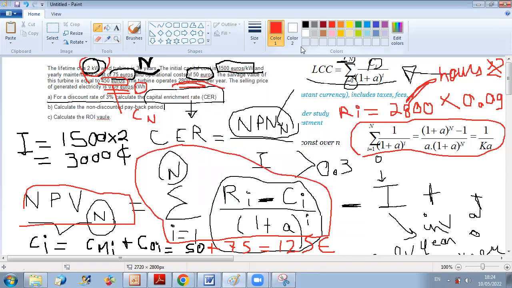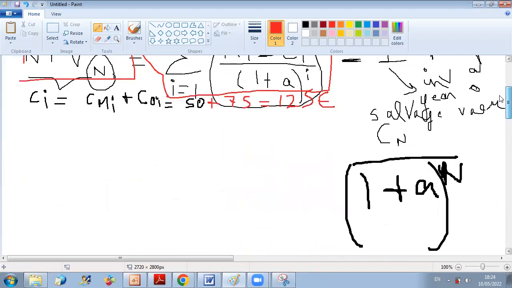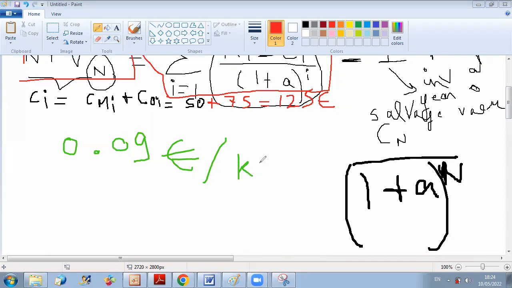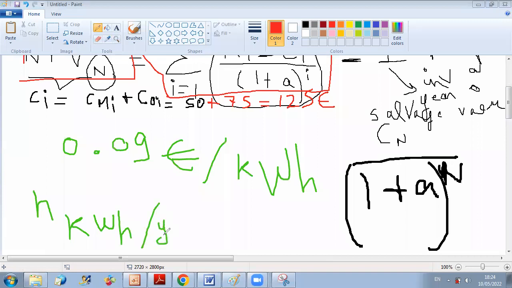So again, I repeat, because they gave me the selling price, the selling price is 0.09 euros per kilowatt hour. Then to get the income per year, I should determine the number of kilowatt hours produced by my turbine system per year and multiply it by the selling price to get my income.